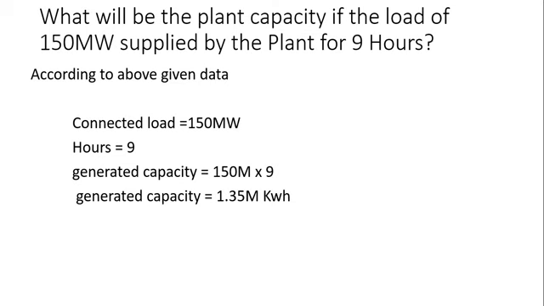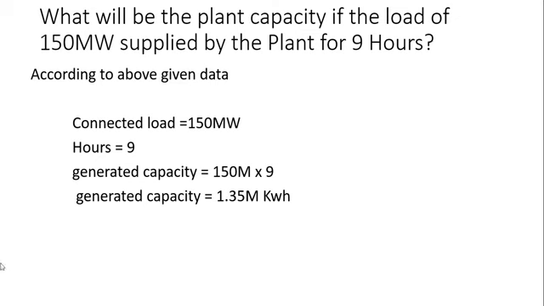So here what I did: we have a connected load of 150 megawatt and 9 hours, so we simply calculate the generated capacity. It can also be phrased as: what is the generated capacity during this load and these working hours? Then we will say this is the correct answer. But we cannot exactly tell the capacity of the power plant because it is constant, it cannot change with load.